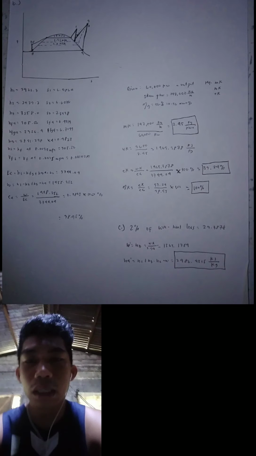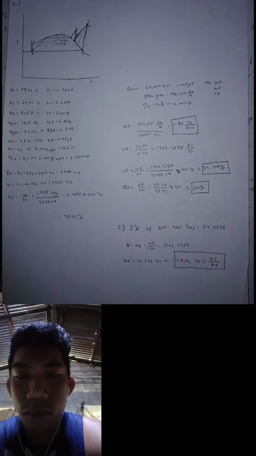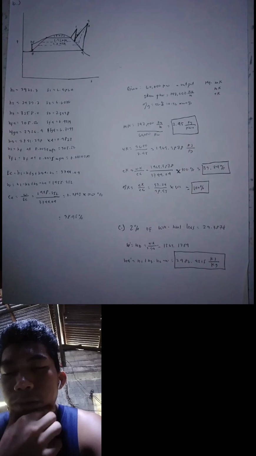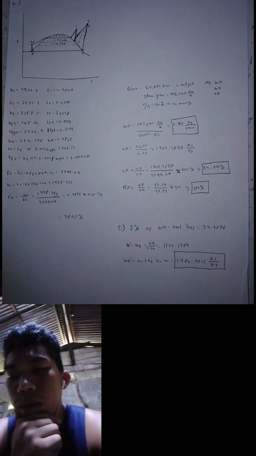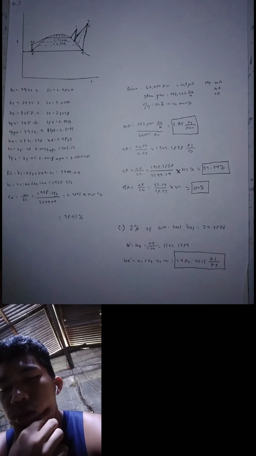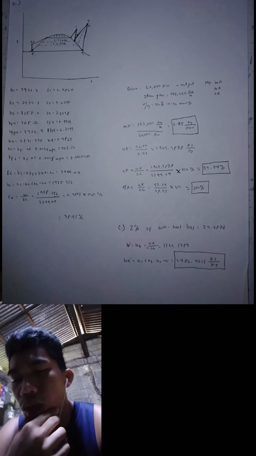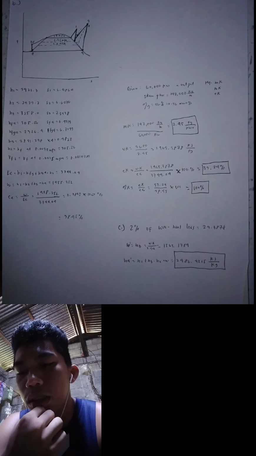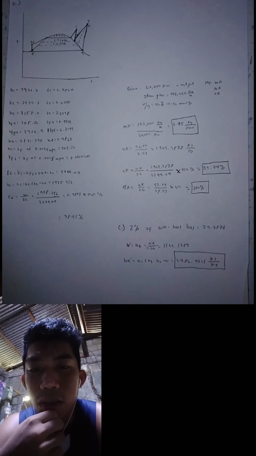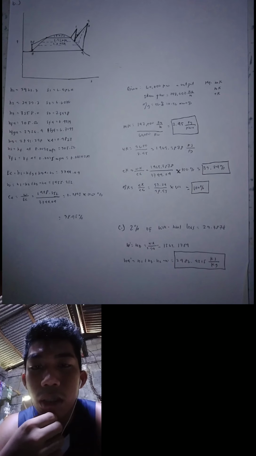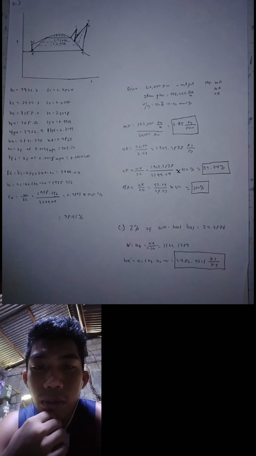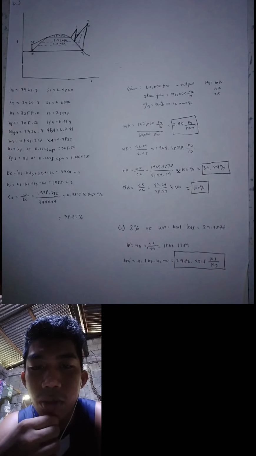So for letter C, the actual work if the 2% of the work is heat lost to the casing, 29.3878, so the actual work is equals to WB is equals to WK over 0.98 will give us 1,563.1785 kilojoules per kilogram.